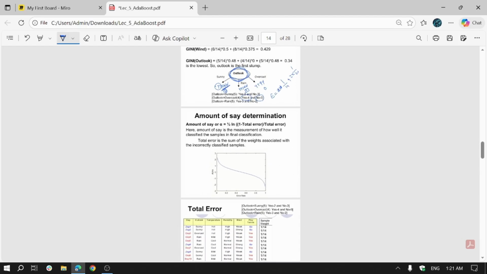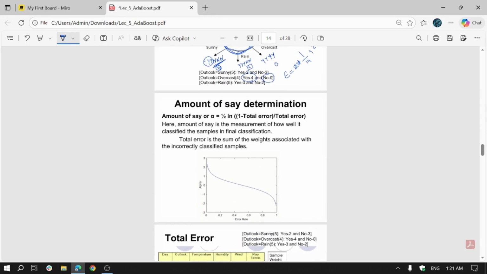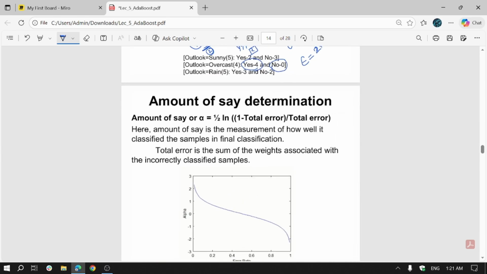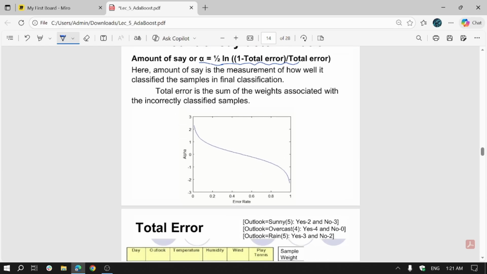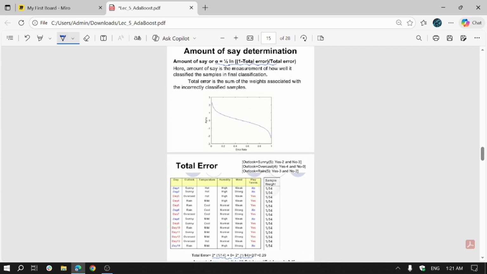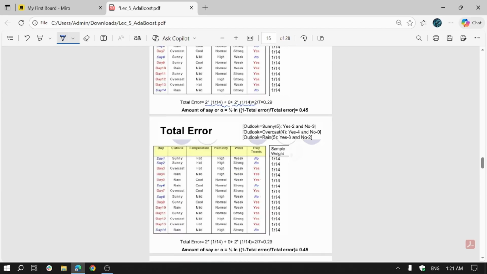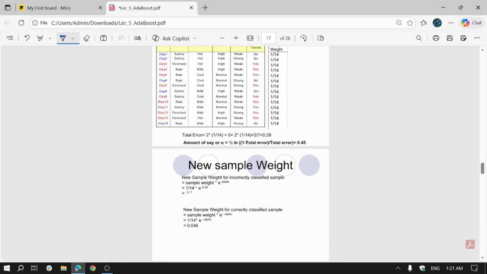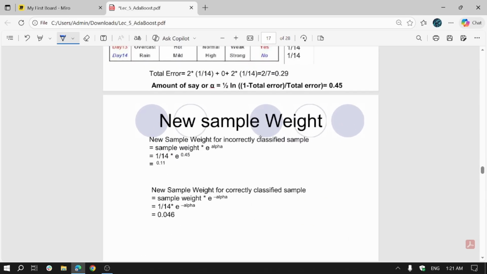Then we can easily keep the value here and find the amount of say. Then we will update the correctly classified data and incorrectly classified data. In incorrectly classified data, we are using the amount of say without the negative sign so that this value gets bigger.